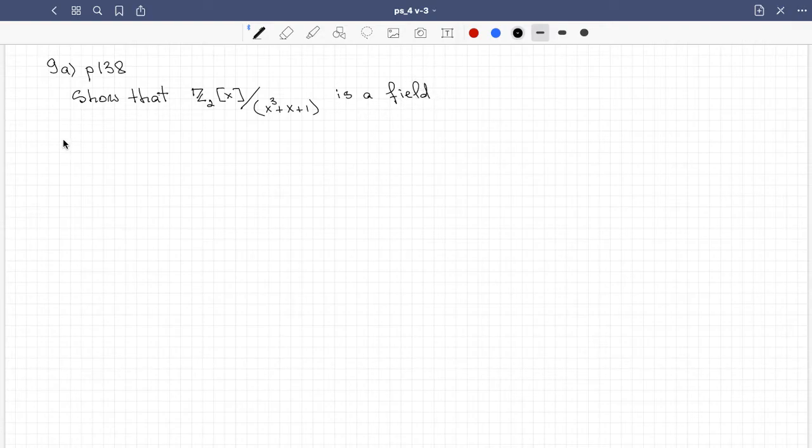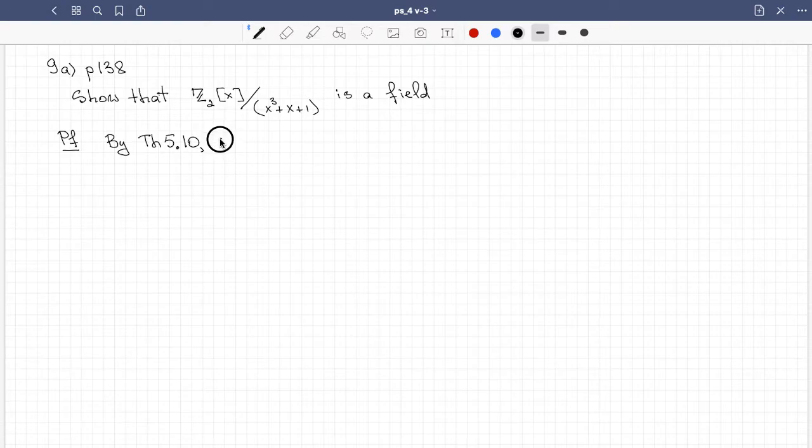Well, proof. Theorem 5.10 allows us to simplify everything.